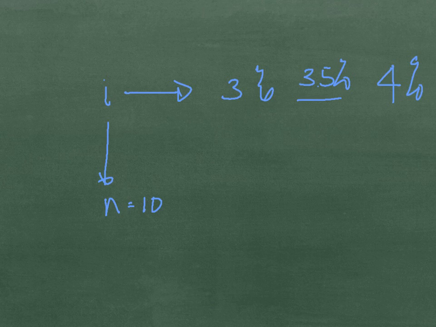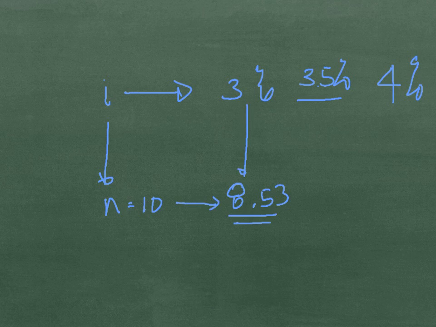Now, if you look at your table, you can see that the table factor for i equal to 3% and n equal to 10 is 8.53. That is the table factor that corresponds to 3% and n equal to 10.